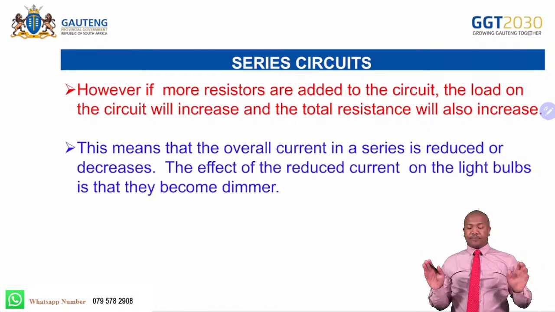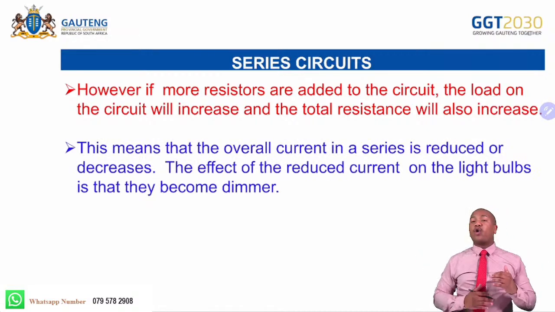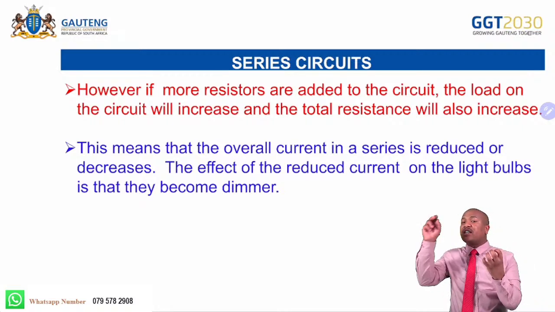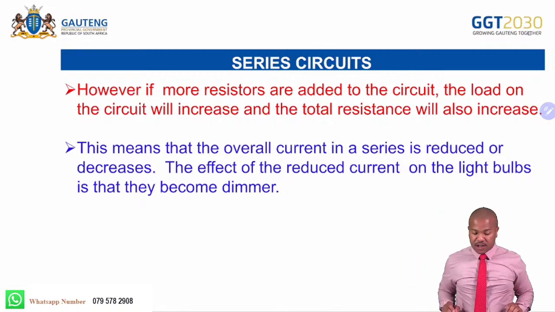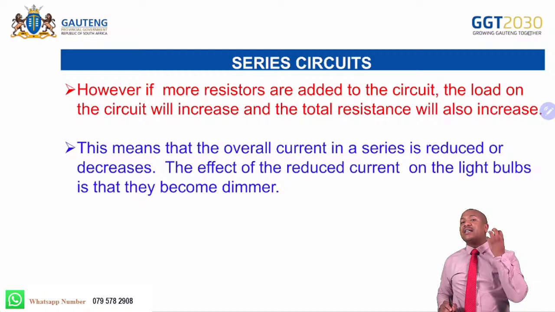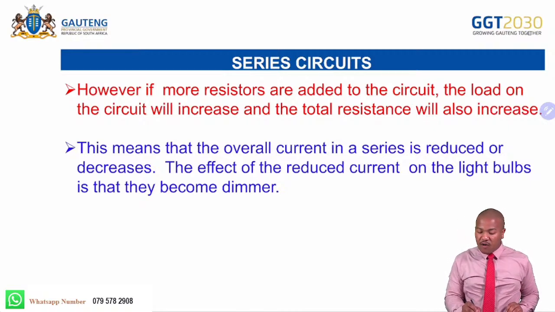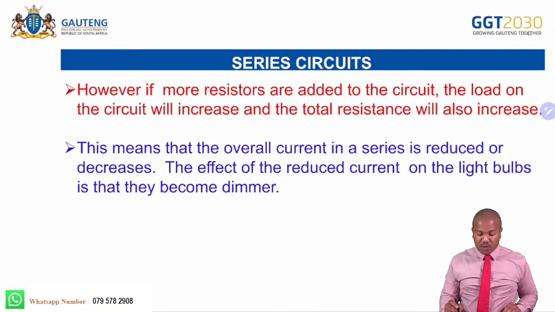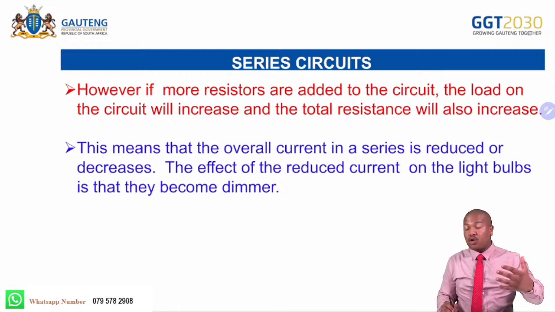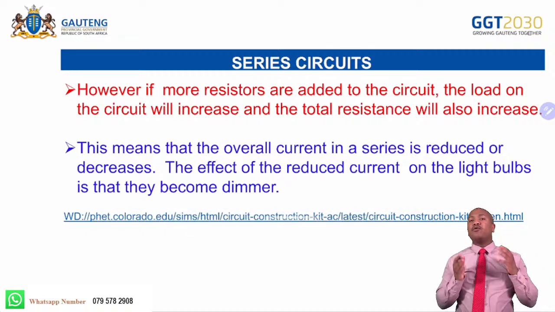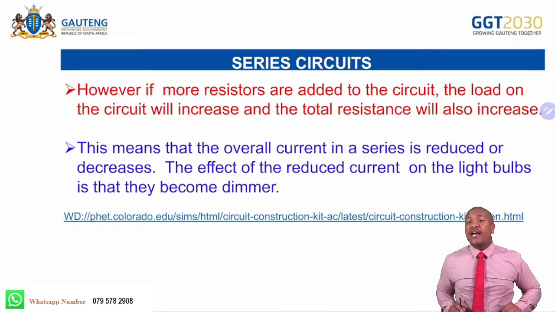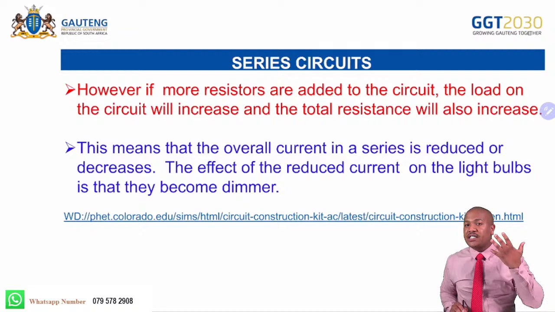This means the overall current in a series circuit is reduced, because there are more resistors opposing the flow of current. The effect of the reduced current on the light bulbs is that they will become dimmer.